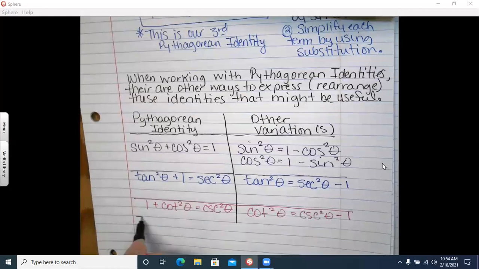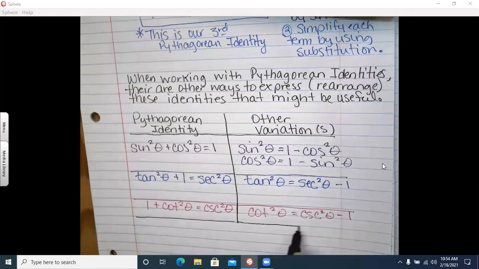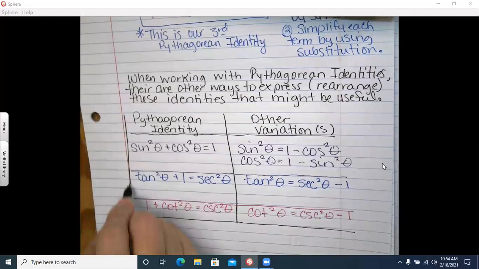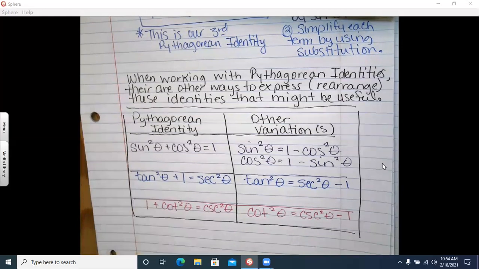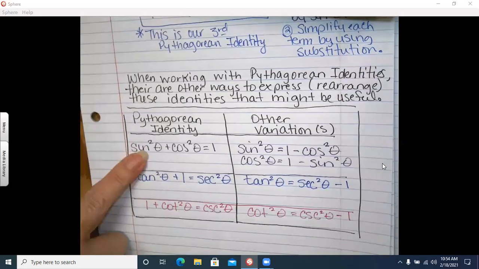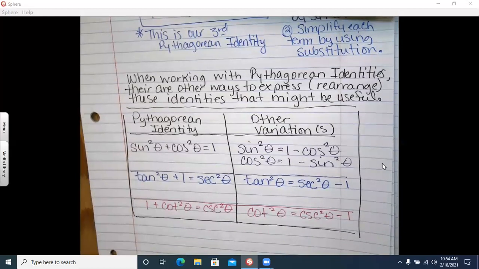Anybody confused? Have a question? Comment? Concern? So for our purposes here in pre-calculus, we needed to make sure that we know and can use that first one, sine squared of theta plus cosine squared of theta equals 1, to find other trig ratios, right?